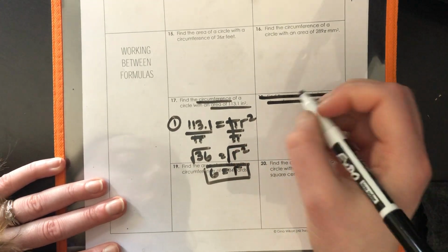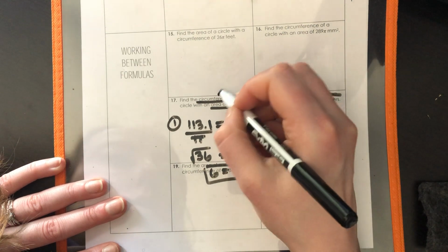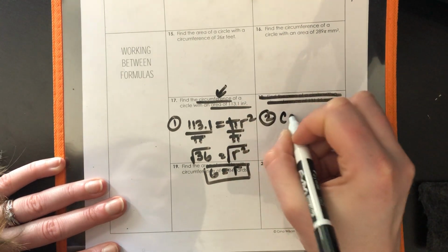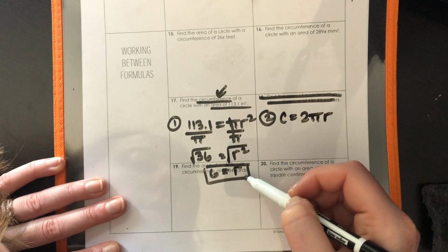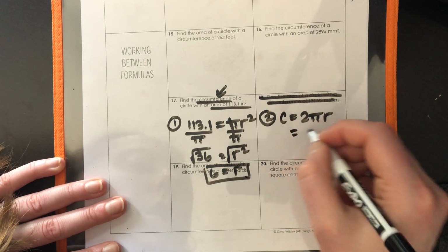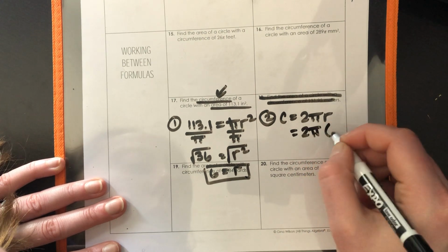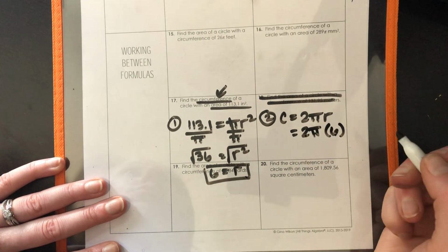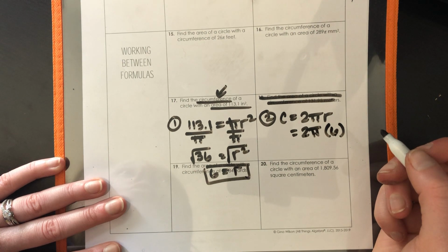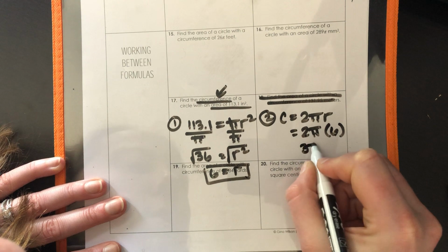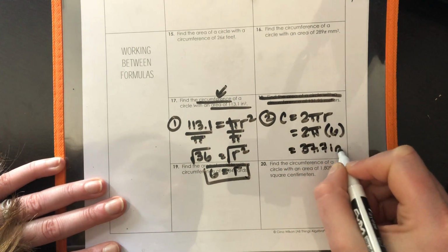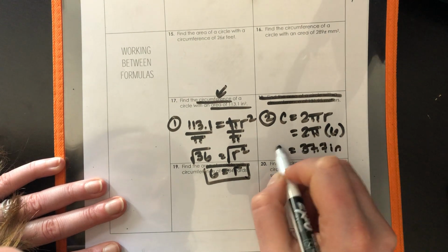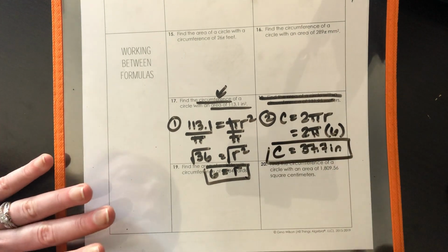Now I can find the circumference, because I need radius to find circumference. That's why we found it with area. So 2 pi, radius is 6. So 6 times 2 is 12. And then 12 times pi is 37.7 inches. This is our final answer.